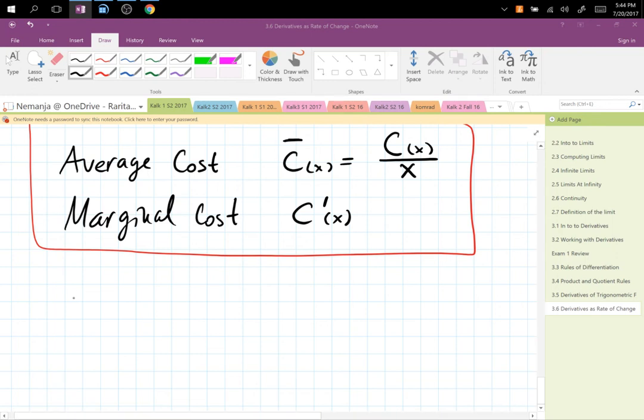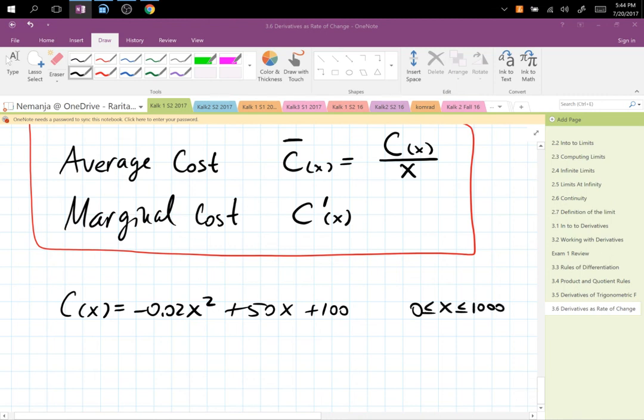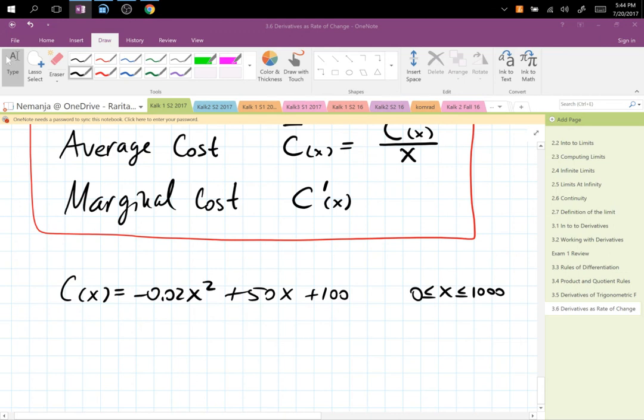So the cost function C of x is given as negative 0.02x squared plus 50x plus 100. And we are considering making 0 to 1,000 units. So the first question is to determine the two costs, the average cost and the marginal cost. So the average cost function is going to be when you divide by x everywhere.